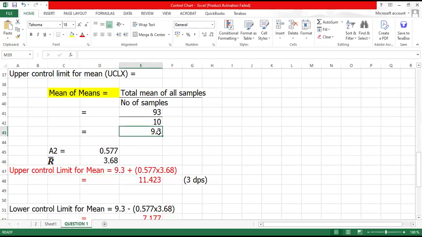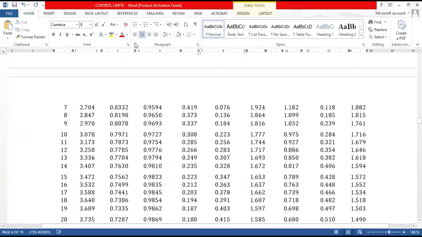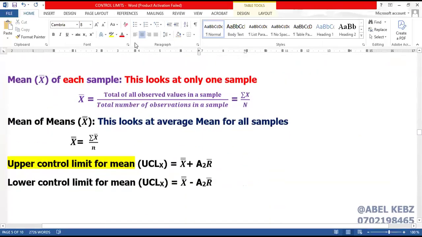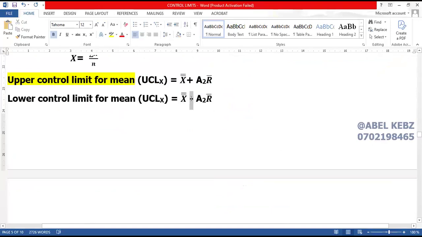Then plus, open bracket, A2 is 0.577 times average range, which is this. So that is your upper control limit. Then lower control limit is the same, just that where you have positive, you put negative. Same formula, but the difference is only here.